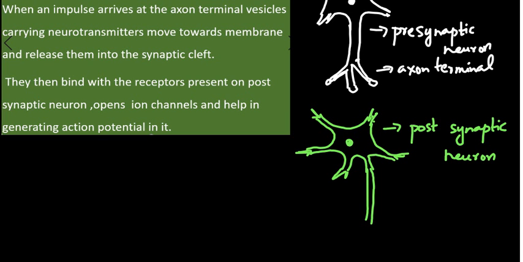At the end of the axon terminal, we have the synaptic knobs. So the electrical impulses that come from the cell body and pass through the axon finally reach the synaptic knob, where they will be converted into chemical impulses in vesicles. These chemical impulses will have neurotransmitters.